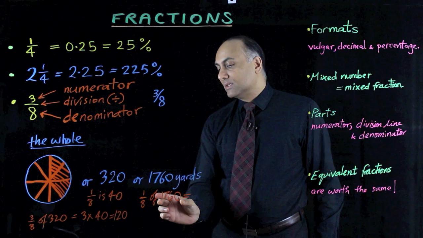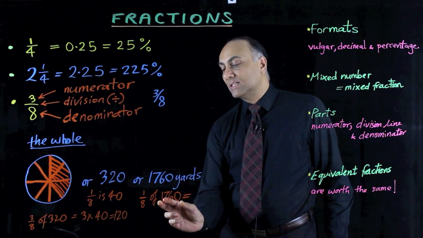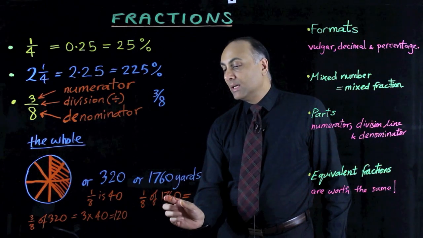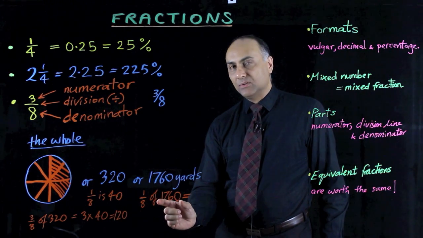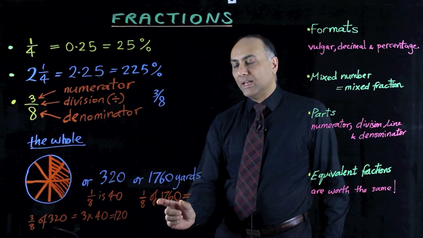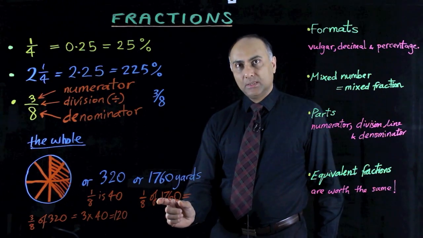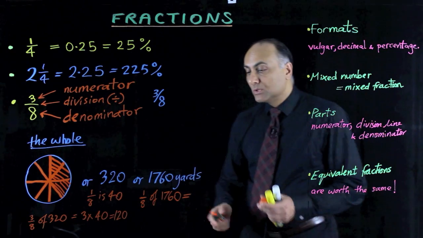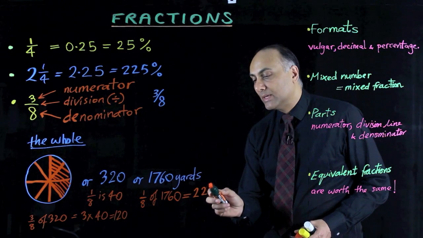Half of 1,760, well, half of 1,600 would be 800, and half of the other 160 would be another 80. So 880. Half of 880 is 440, and half of 440 is 220. So 1/8 of 1,760 is 220.